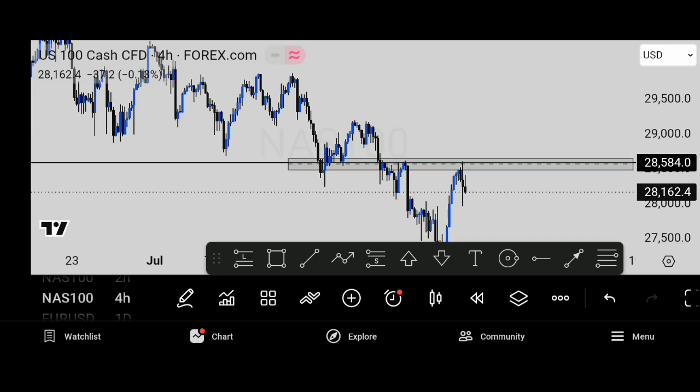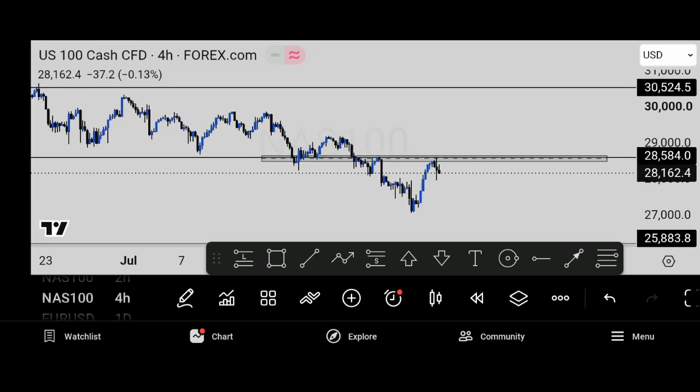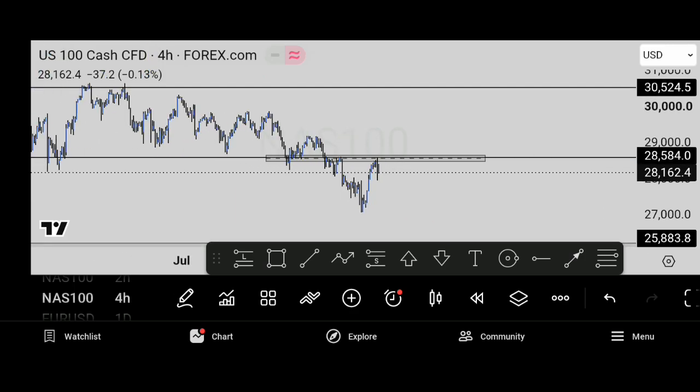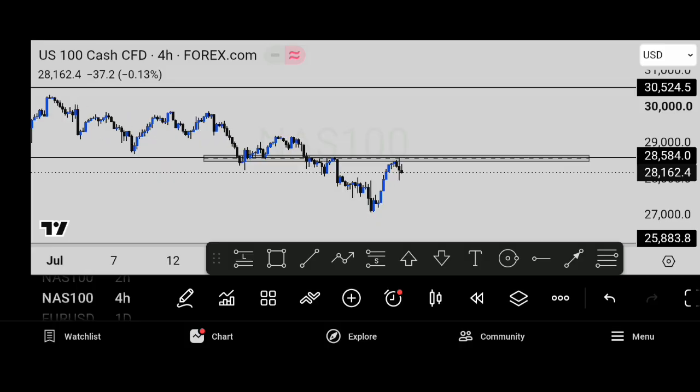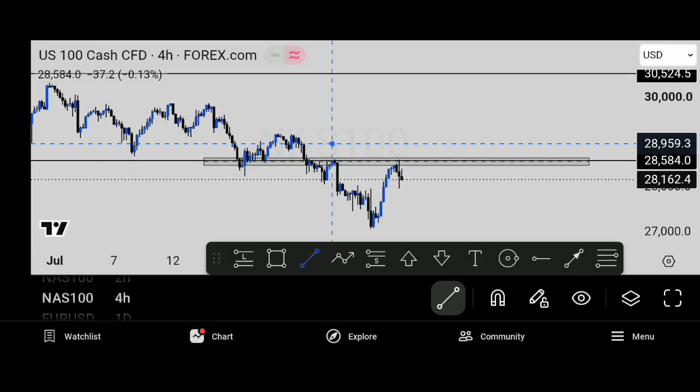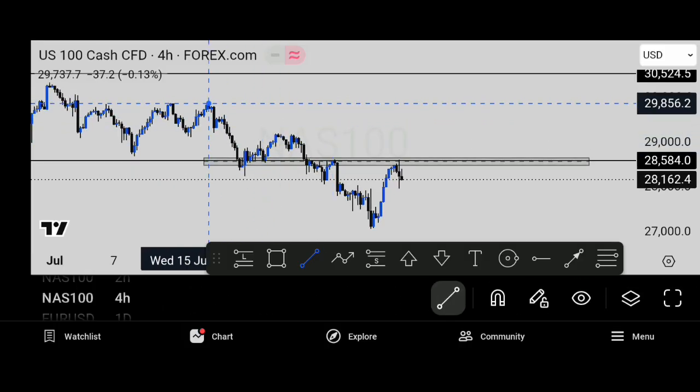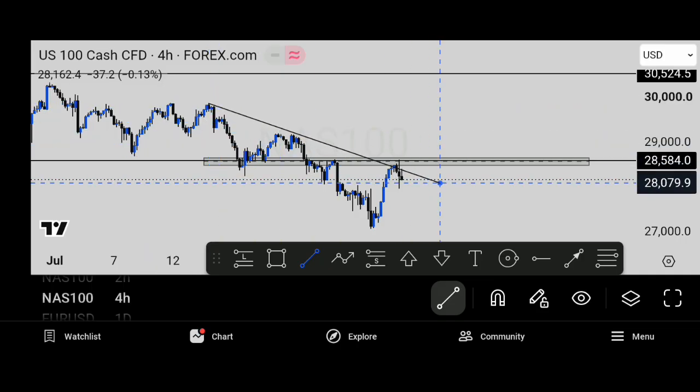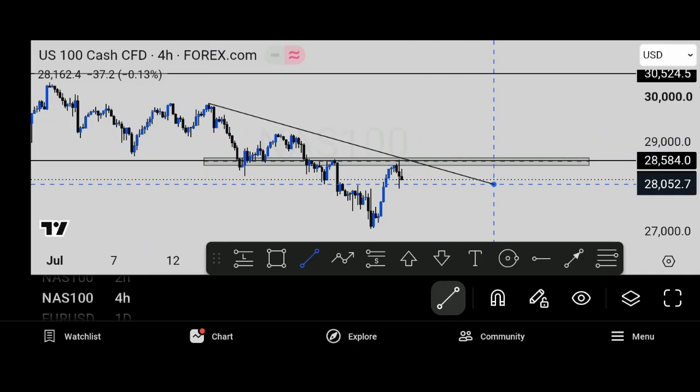So even if I place my trend line, I will just start it from this point and place it just like that.